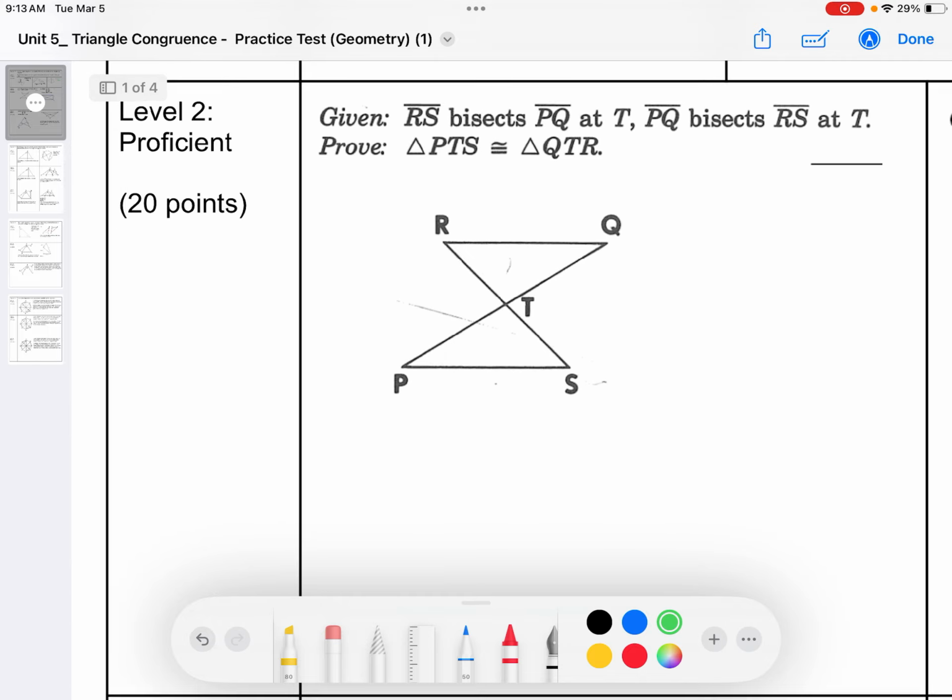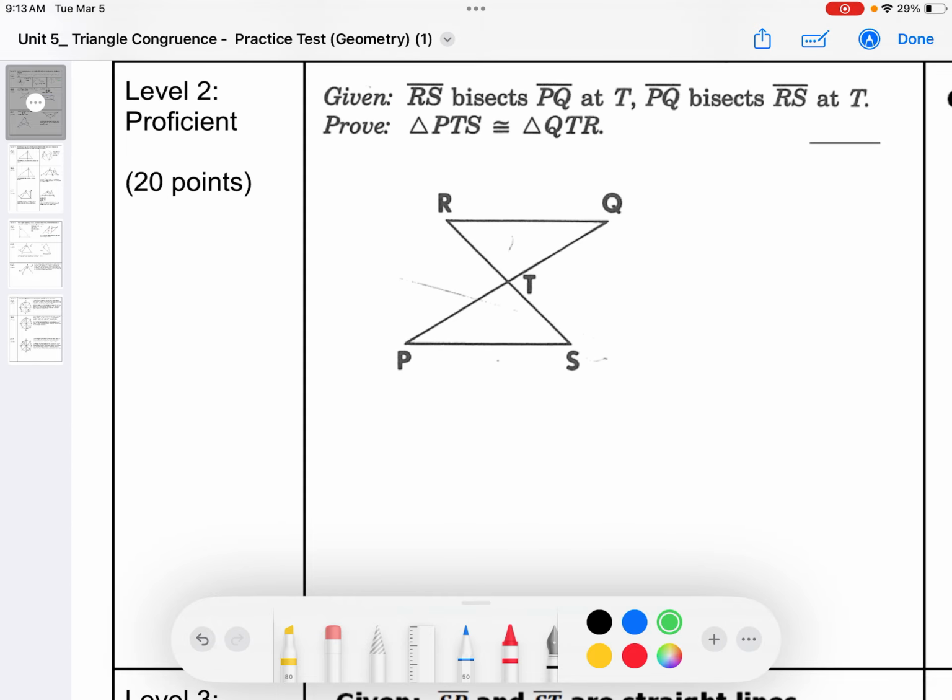Now we have to actually write some proofs here. We are given that RS bisects PQ at T, so I'm going to start off by writing if RS bisects PQ, that means that at T, PQ, which is this line segment, is getting bisected. Bisected means cut into two congruent parts. So that means that QT and PT are congruent.